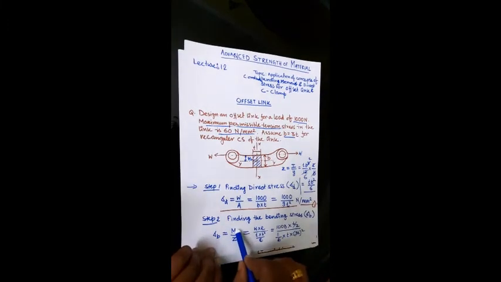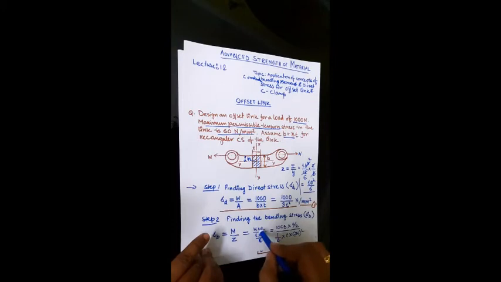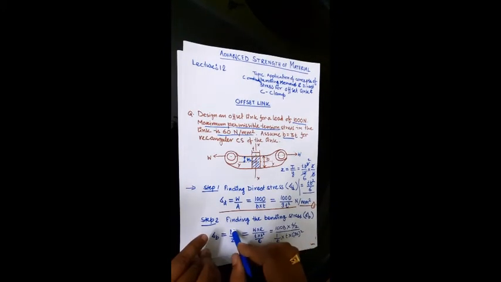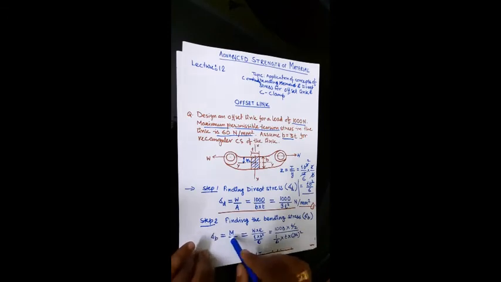Second, sigma b. Sigma b is nothing but M by Z. M is our bending moment, and that bending moment will be given by using our section modulus equation, that is M by Z. Z is the section modulus.